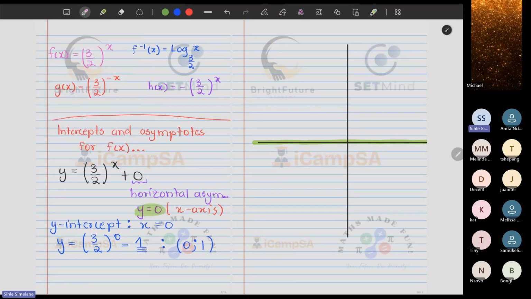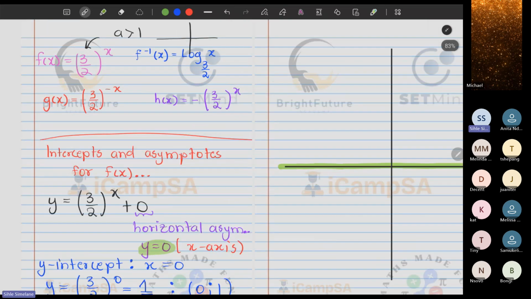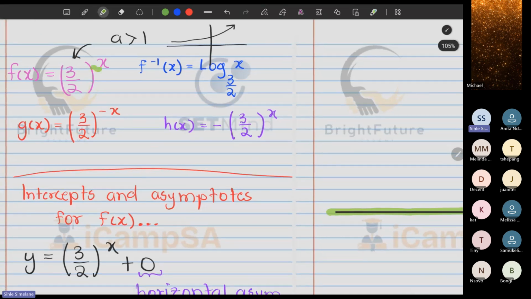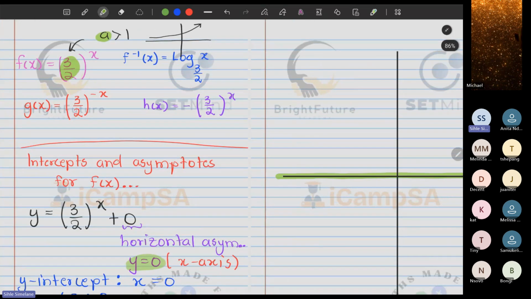Because of the value of a, guys, whenever the value of a, or whatever sits there, is bigger than 1, the shape of your graph will always be something like this. When that value is bigger than 1, your graph will look that way.